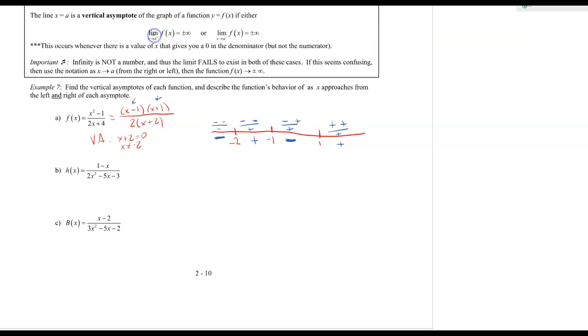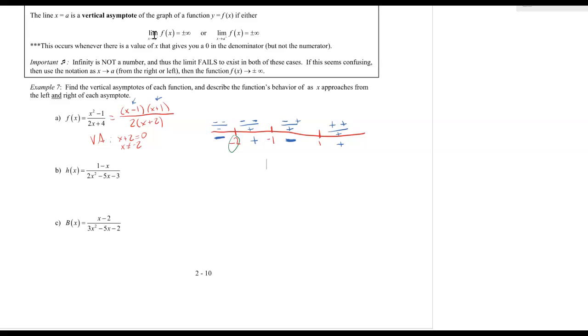Alright, so now I'm going to look and see what's happening as I am approaching negative 2. These other critical values will come up later, but for right now they're not too important, though I would definitely keep them in mind.